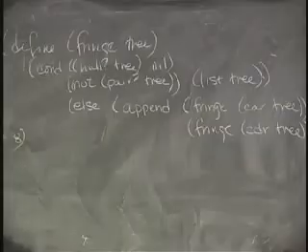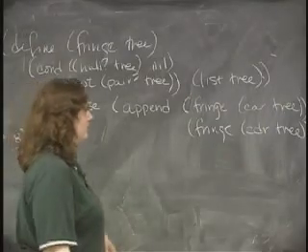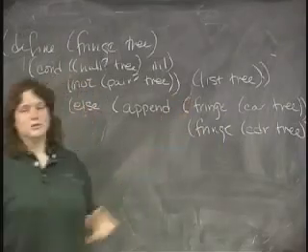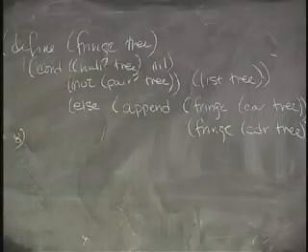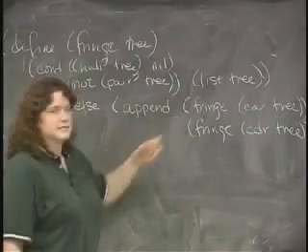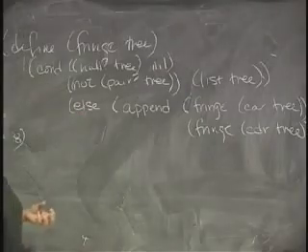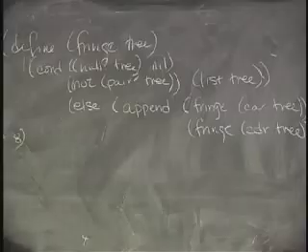Why do we have to do append? Because you have trees on both sides. Because the fringe is going to return a list, right? So we're going to have a list here and a list here. We're putting two lists together, which is why we need to append them. We can't simply cons them. If we cons them, then we're going to retain some of that nested list structure of the tree. So by doing append, we'll get rid of that.